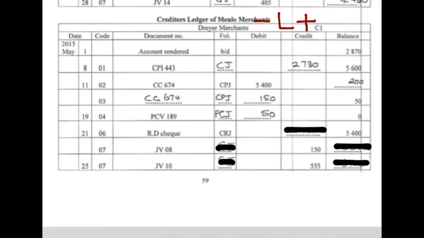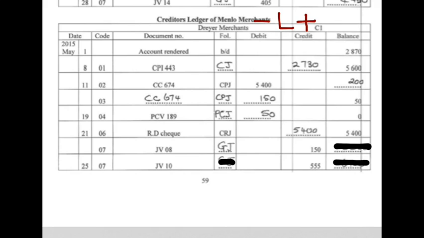So this 5,400 now needs to be reversed, the same as what this 150 was reversed. Remember, with an RD cheque, we reverse the payment and we reverse the discount received. The payment was reversed by adding 5,400 back into the account, and that's how we got our balance again to 5,400.